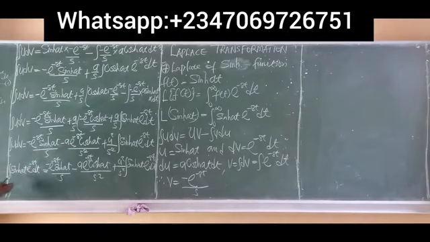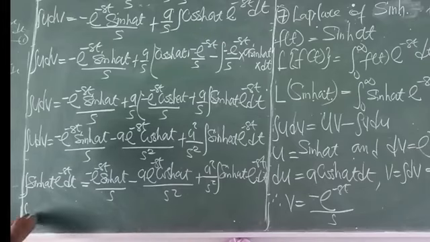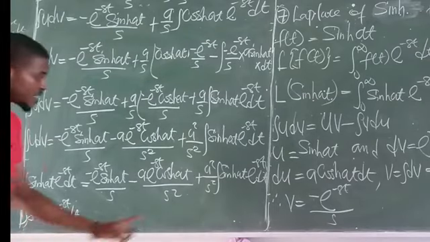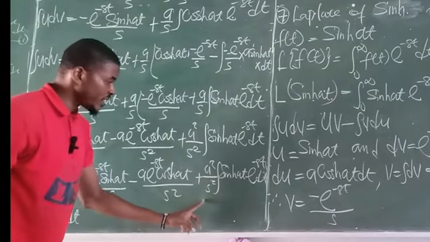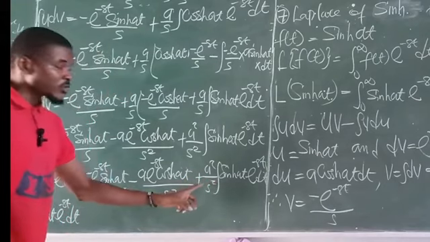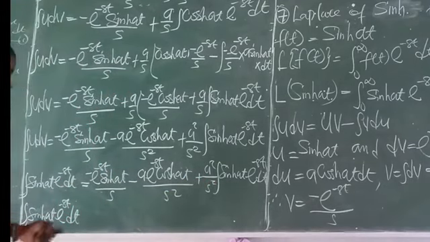Collecting like terms, this becomes integral of sine at exponential minus st dt. Now, this is positive a squared all over s squared, so if it crosses over, it becomes negative. A positive sign crossing the equal sign becomes negative.